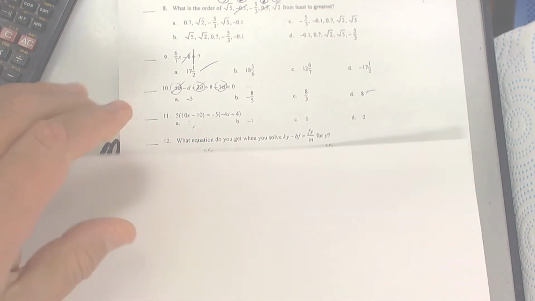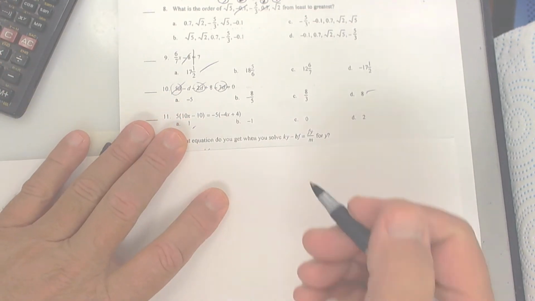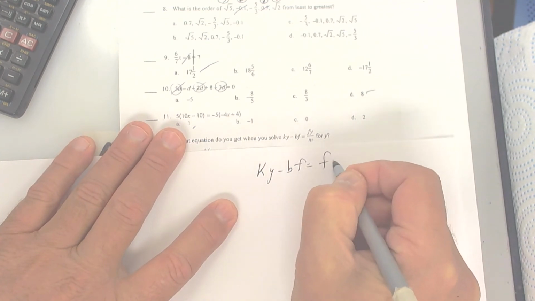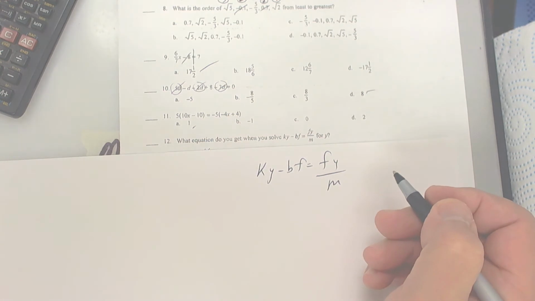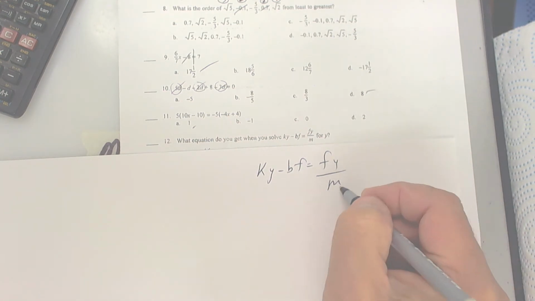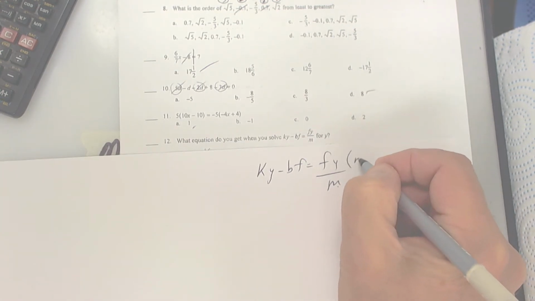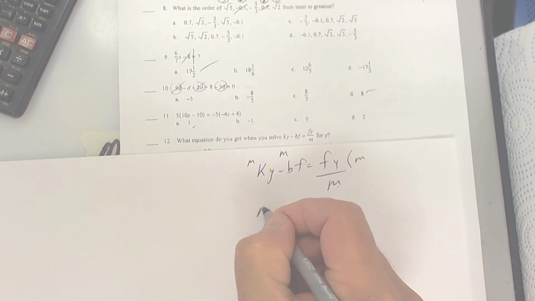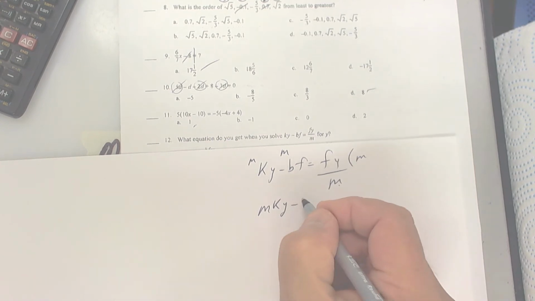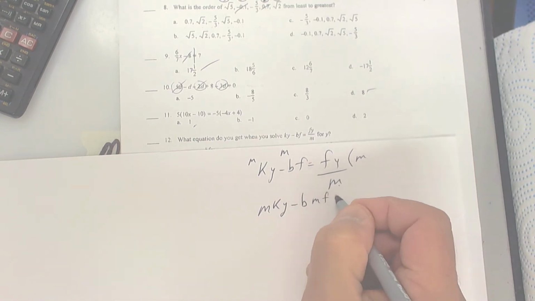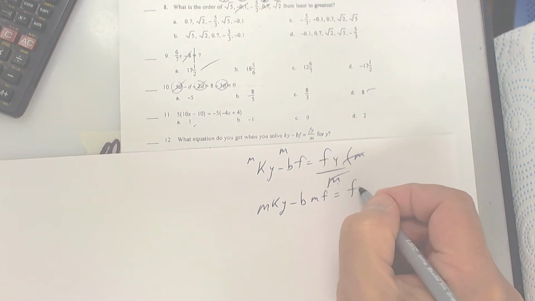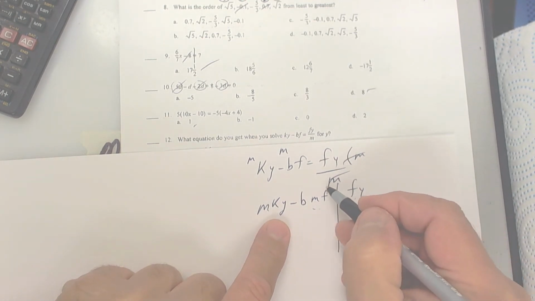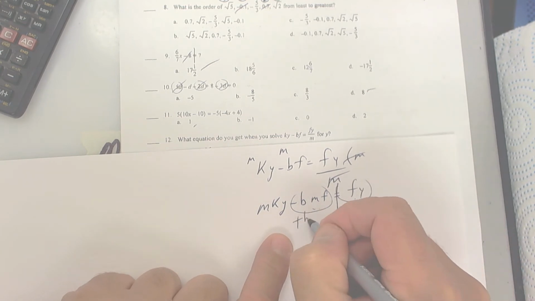This one, they want you to solve for y. So let's see. Okay, first thing you want to do is multiply everything by m. So you're going to get mky minus bmf equals fy. Now, you have y's on both sides, so you want to get the y's on the same side. So I'm going to add bmf.